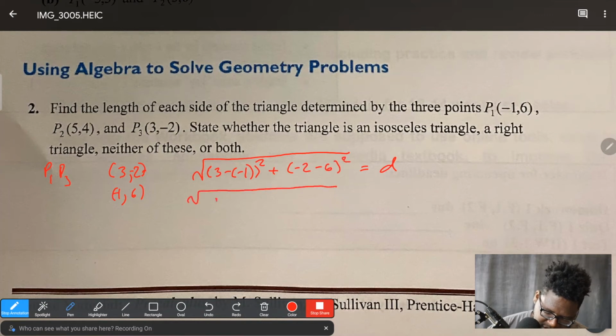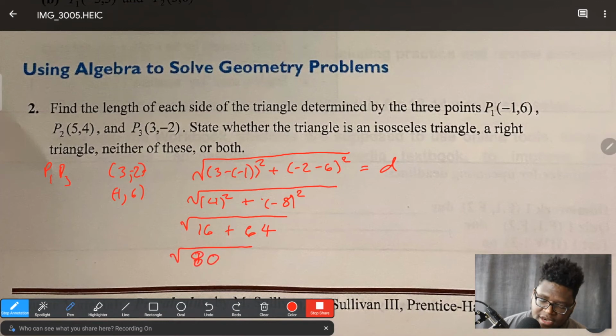That's going to be 4 squared, because the negative makes it positive, and the other one is going to be -8 squared. 16 plus 64 gives us the square root of 80.